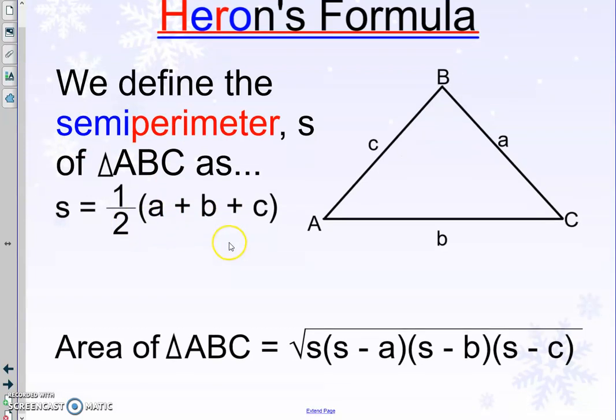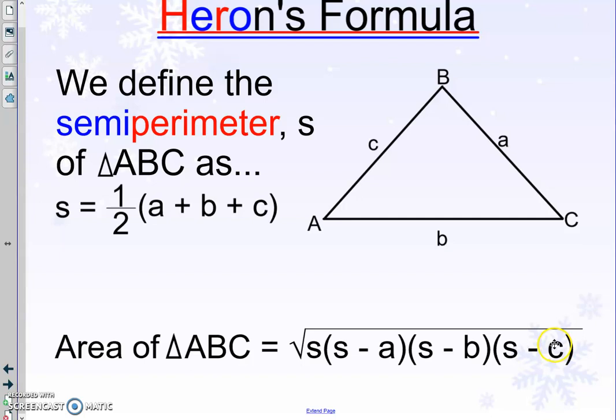And it turns out, through a very elaborate amount of work, and you can look up in your book how Heron's formula was derived, that you can find the area of any triangle if you know the three sides, through this formula. It's the square root of the semi-perimeter times the difference between the semi-perimeter and each and every side.